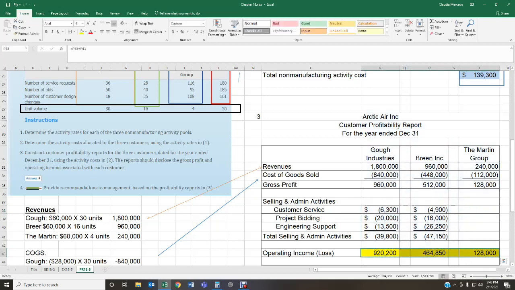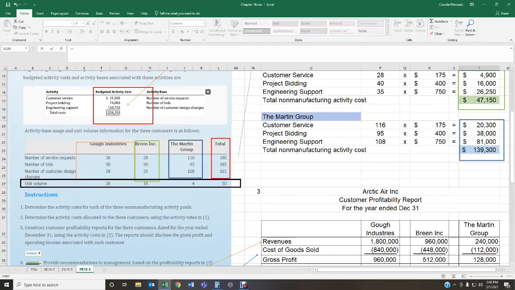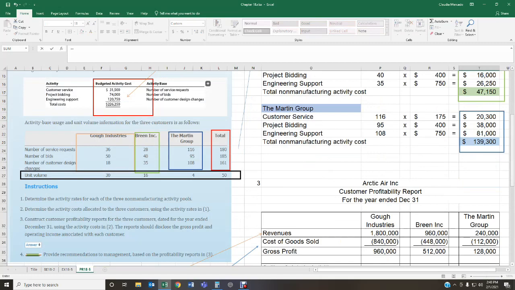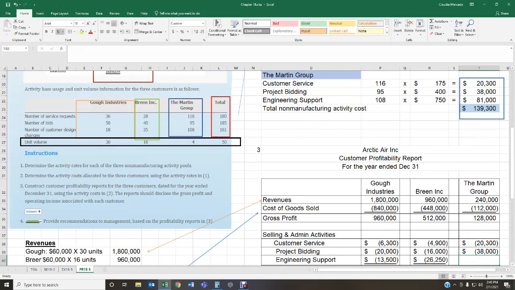Last but not least, we've got the Martin Group. For the Martin Group, we're going to copy the information from the last columns here. For customer service, I've got 20,300. For project bidding, I've got 38,000. And for engineering support, I've got 81,000.